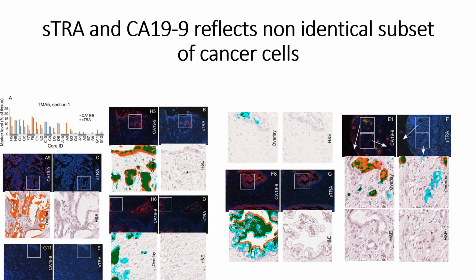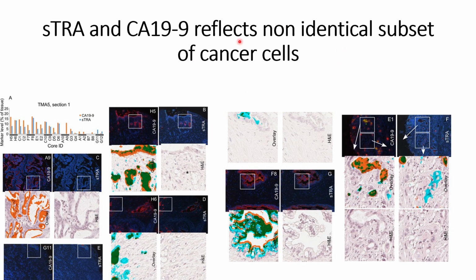All this data indicates that CA19-9 and sTRA are in some cases expressed independently and can reflect different subsets of the cancer cells. However, in some cases they overlap, and in that case too they reflect a different subset of pancreatic cancer cells.